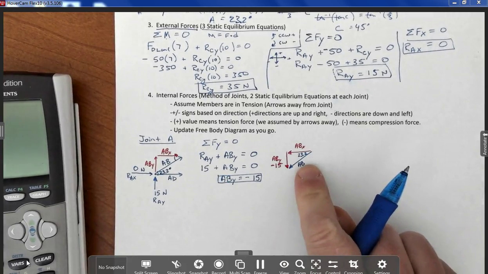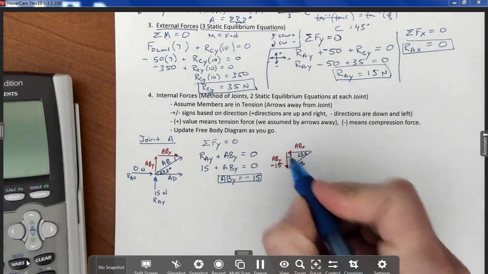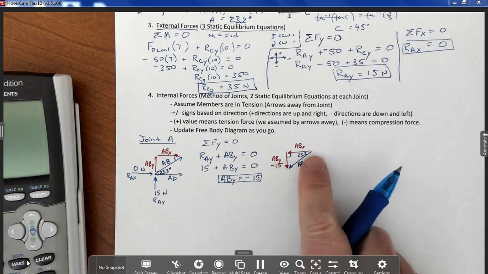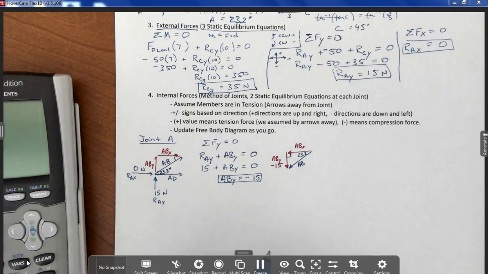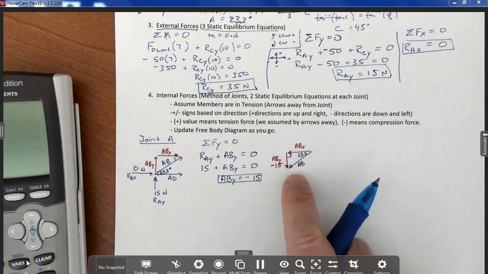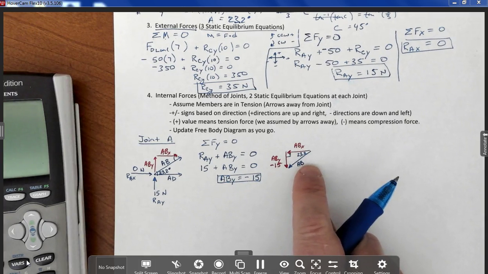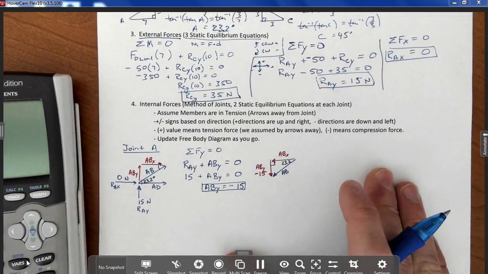Okay, and so what I now find myself with is a right triangle. All right, horizontal and vertical are going to make a right angle, where I know an angle and I know one side. And if I have an angle and a side of a right triangle, I can use SOHCAHTOA, right? Sine, cosine, or tangent. And I'm going to find both of these two missing sides. AB is a member, so that's obviously one that I really want, but you'll see that I need ABX here in a second.